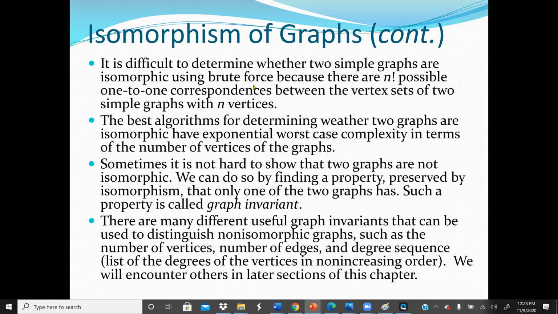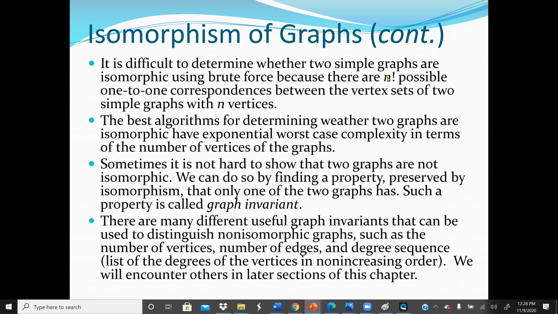Brute force algorithm means if I'm doing something, I will do all the comparisons of everything or combination of everything to see if I get a solution. So that's why here it said the time complexity or the cost is n factorial. So we may have n factorial possible one-to-one correspondences between the vertex sets of two simple graphs with n vertices.